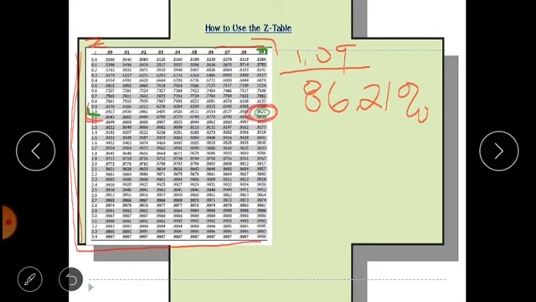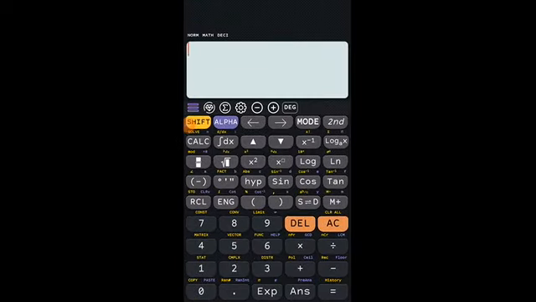So, 1 minus 0.8621 is equal to, okay, so para mapatunayan natin, buksan natin yung calculator natin, no? Okay, ito yung calculator natin. So, 1 minus 0.8621 is equal to 0.1379.